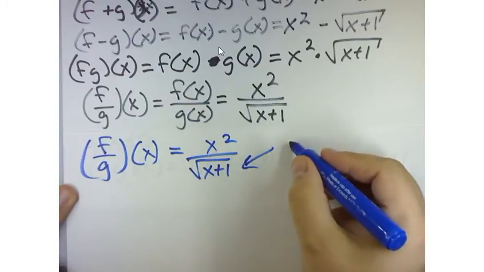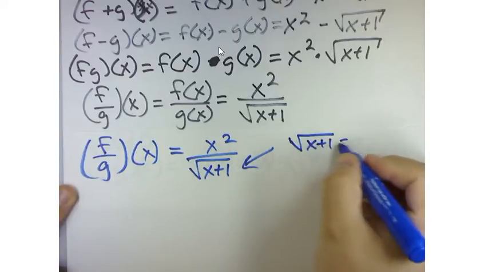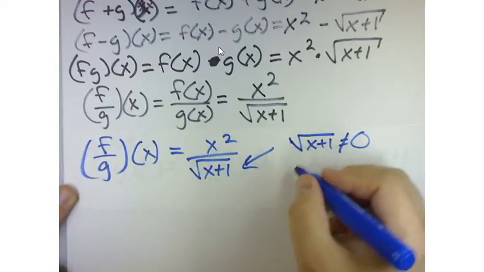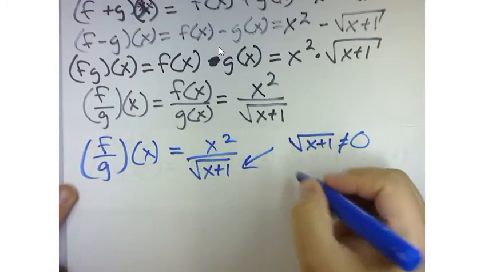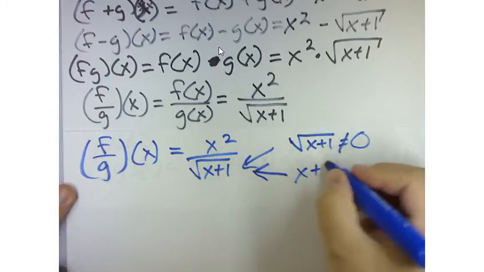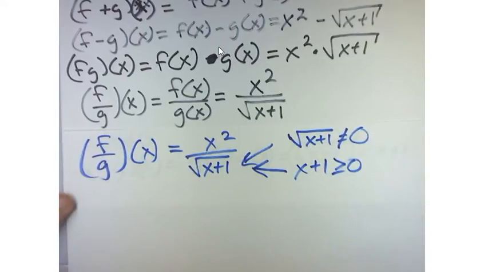One is the square root of x plus 1 cannot equal 0. And the other one is x plus 1 has to be greater than or equal to 0 because I can't take the square root.